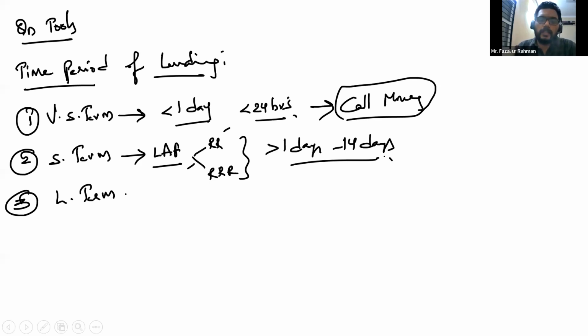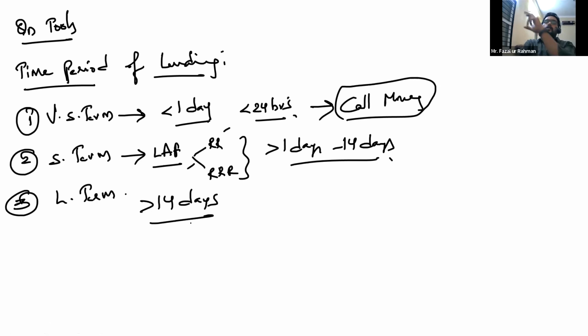So 1 to 14 days is the most important time period of short-term lending or short-term money borrowing from the RBI. And long term is greater than 14 days.